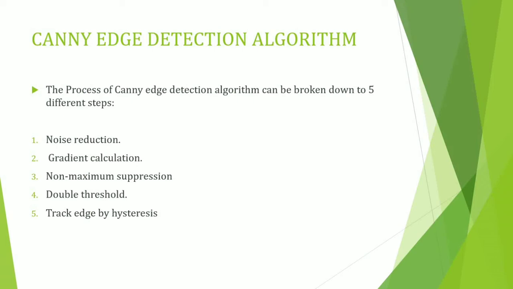The process of Canny edge detection contains five steps: noise reduction, gradient calculation, non-maximum suppression, double threshold, and tracking edges by hysteresis.